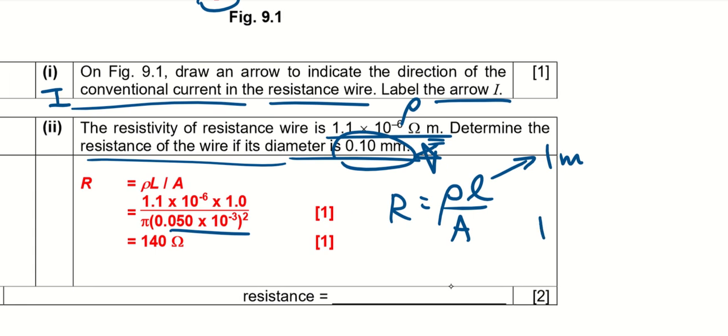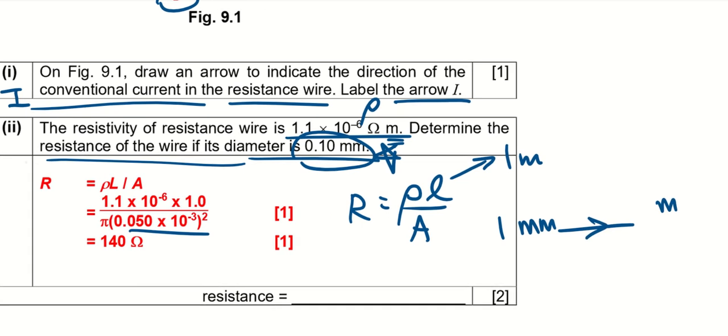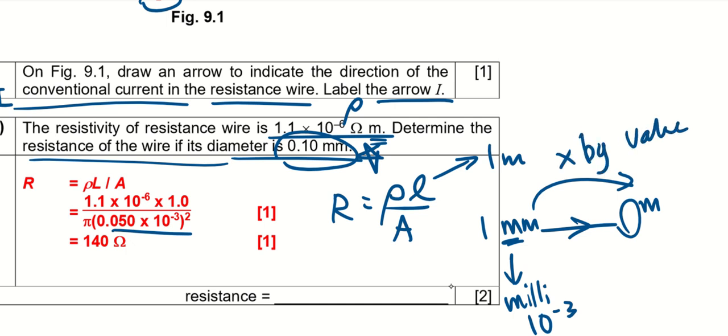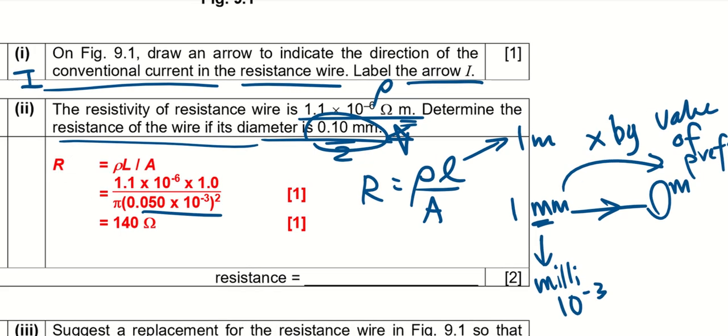That means if it's 1 mm to meters, from the prefix of milli, which is 10 to the power minus 3, to no prefix, you have to multiply by the value of the prefix. Okay, so you get 0.10 divided by 2 because the area is pi r squared. So you should get 140 ohm.